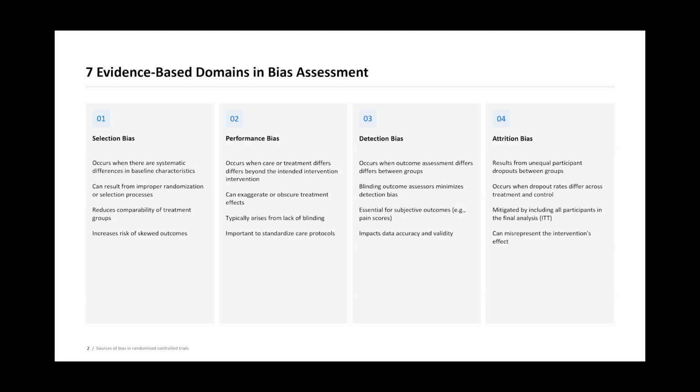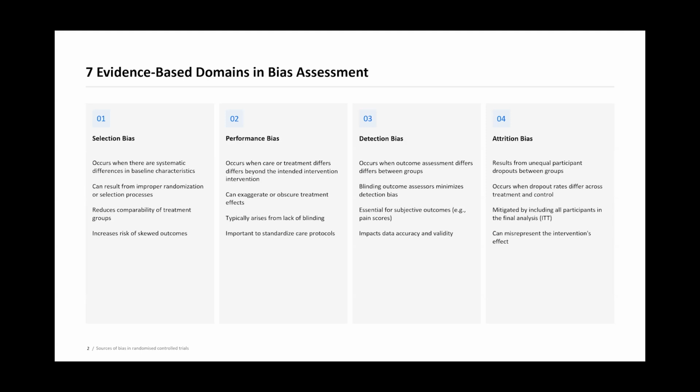We have many types of bias in clinical trials, starting with selection bias. What is the meaning of selection bias? Selection bias occurs when there is a systematic difference in characteristics of participants assigned to each group.